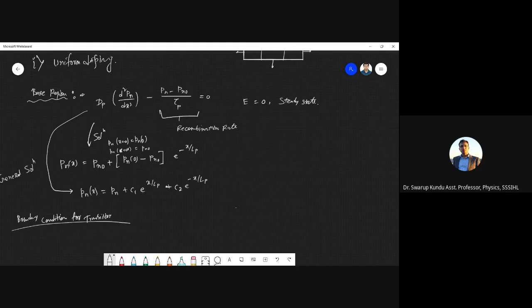Whatever I'm defining here within this boundary, don't get confused, this is just a recap for the PN junction diode.